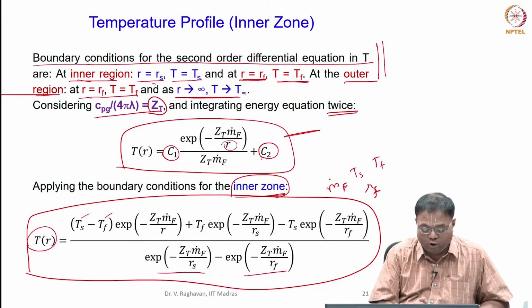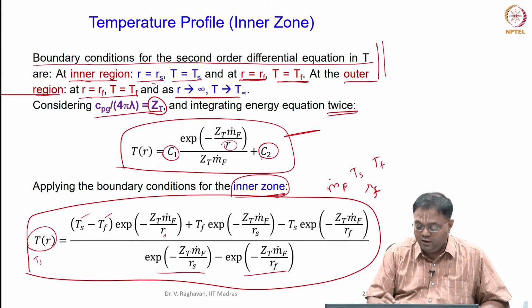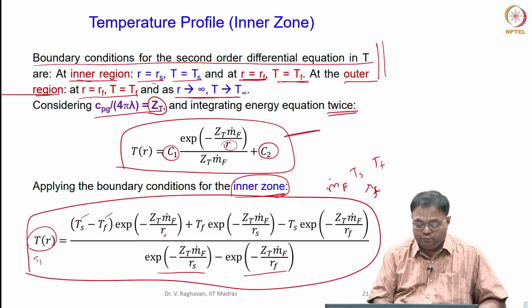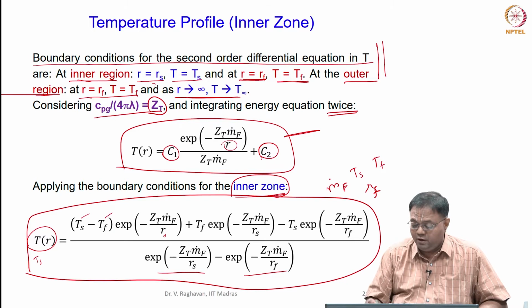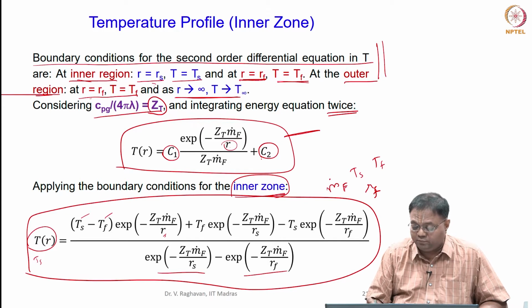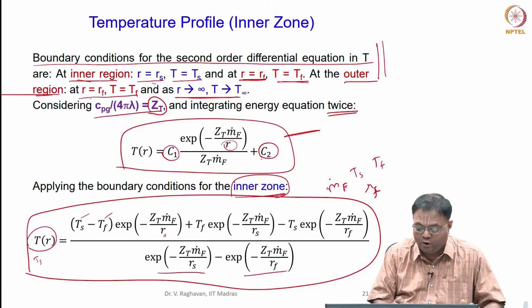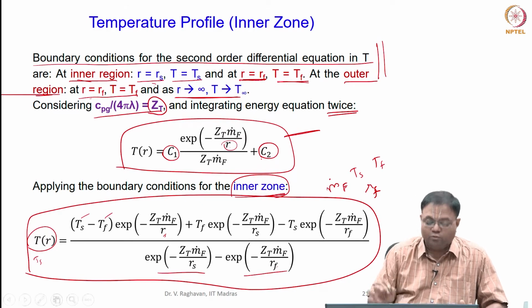So if you say R equal to Rs, now this will be Ts. I put R equal to Rs here, and then Ts into exponent of minus Zt mf by Rs, plus minus Tf plus Tf, that will cancel. Ts into exponent of this minus Ts into exponent of this will come, but you can take Ts common outside, and the exponent of Zt mf by Rs here, and minus exponent of minus Zt mf by Rs. So this will cancel and I will get T equal to Ts.